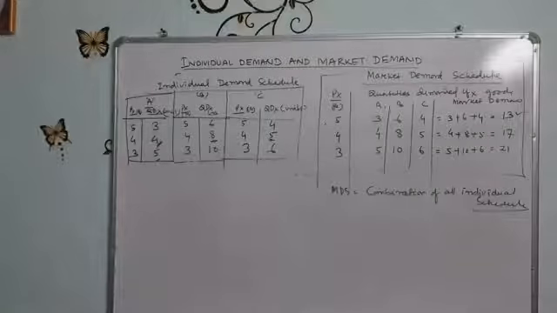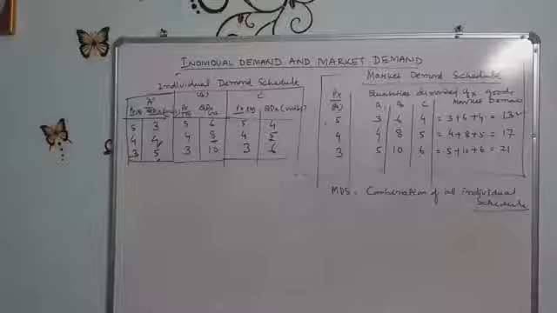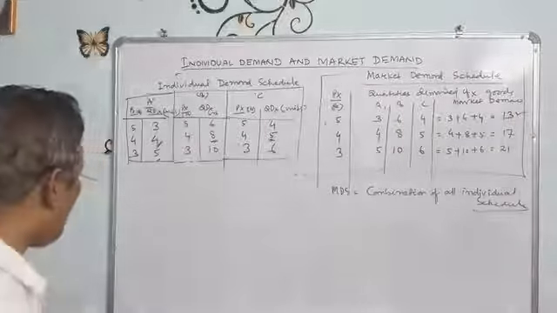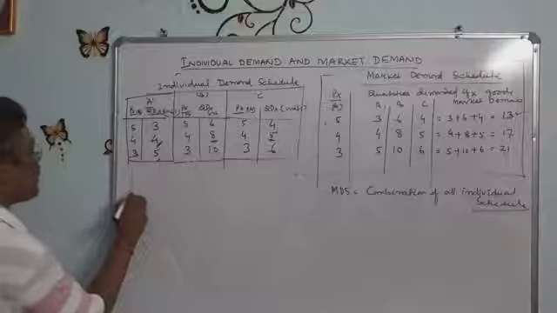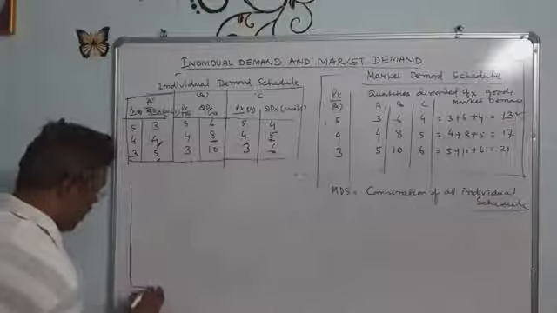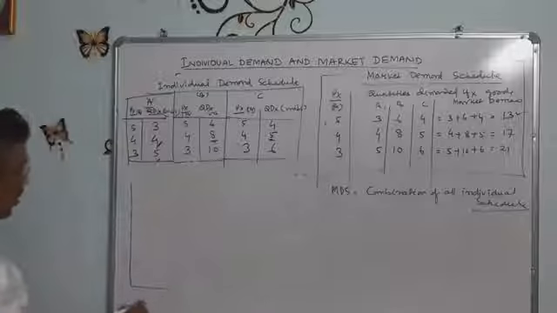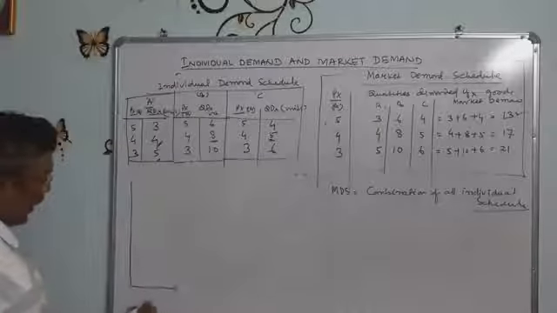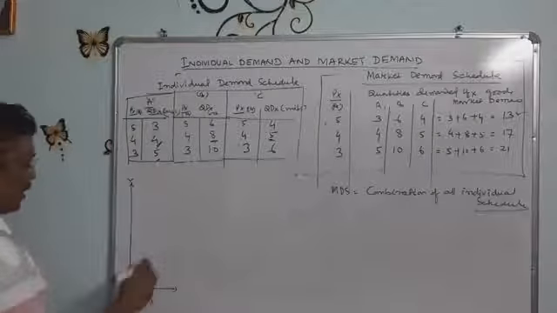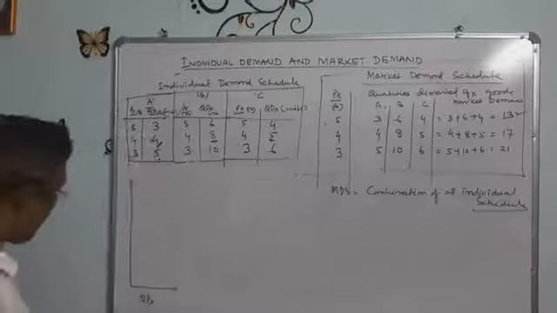Next, when the individual demand schedule is represented graphically, it is called the individual demand curve. So likewise, on the x-axis is the quantity of demand of X goods, and the y-axis is the price of X goods.